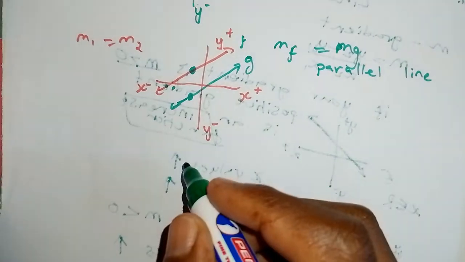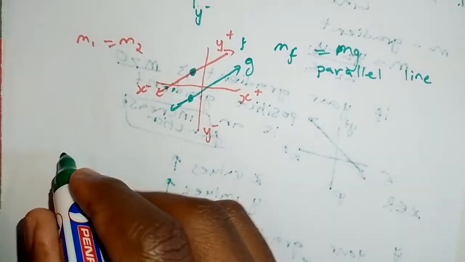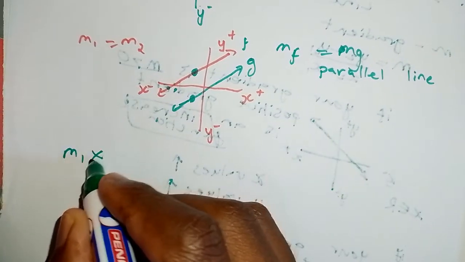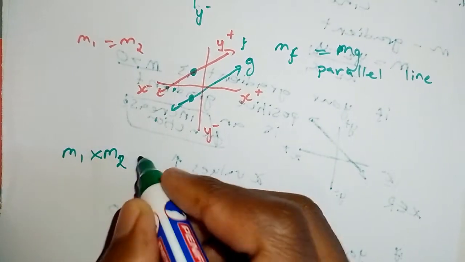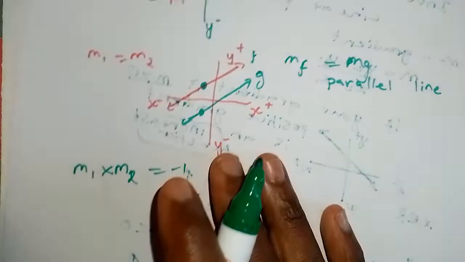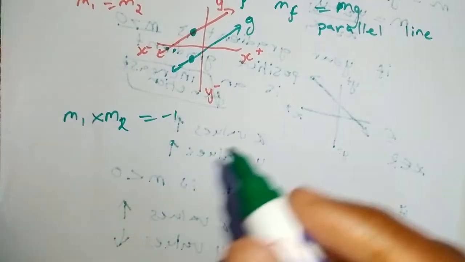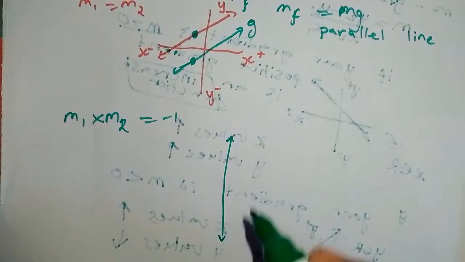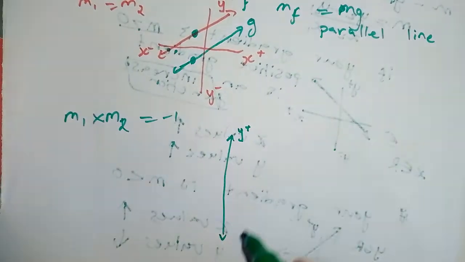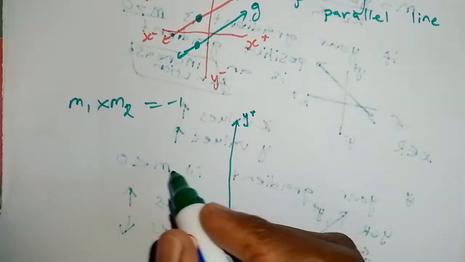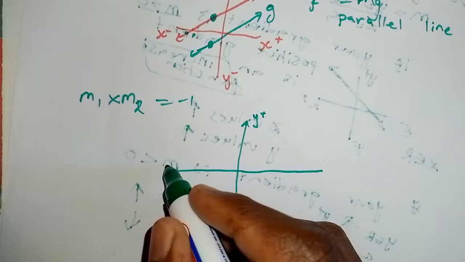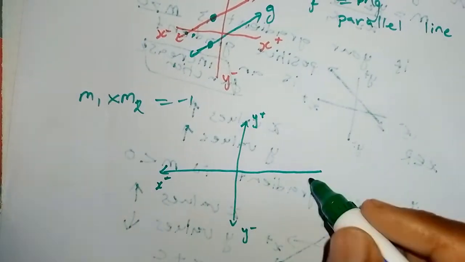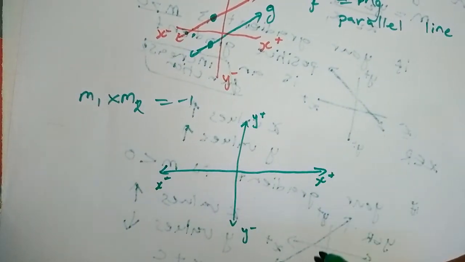Okay, they say m1 multiplied by m2 equals -1, right? Then let me just draw my Cartesian plane. My Cartesian plane, y plus, y minus, x minus, x plus, right? This is my graph.